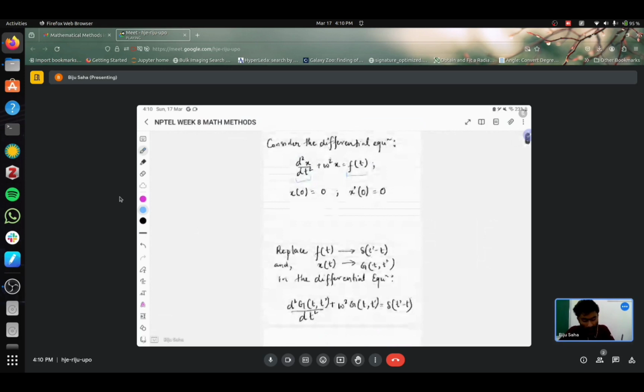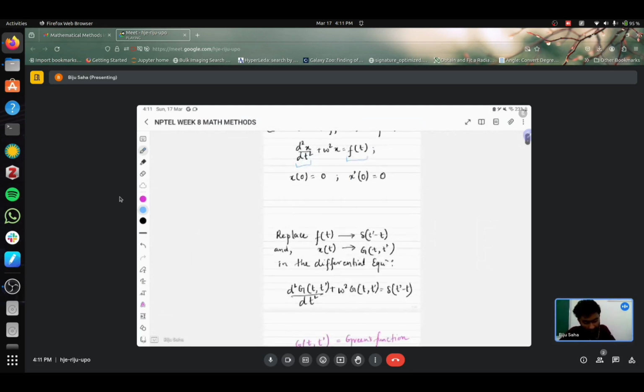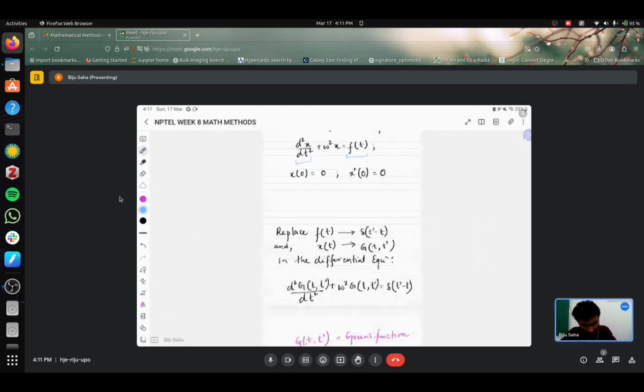The way to go about solving the differential equation in this approach is you replace the function on the right hand side, that is we replace the function f(t) with a Dirac delta function.